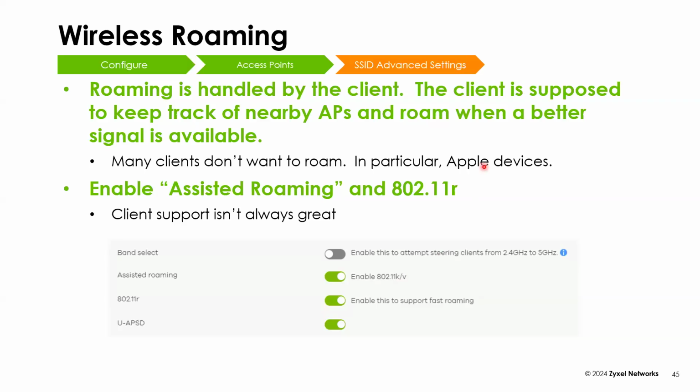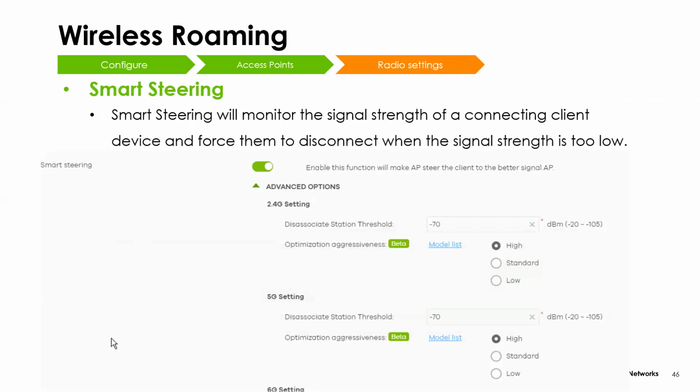So there is something you can do to try to solve that issue of poor roaming from client devices because we don't have the ability to control the client device and the algorithm they're using, but we can use a feature we call smart steering. Smart steering monitors the signal strength of the connected client. And if the signal is too low, it will actually force them to disconnect.